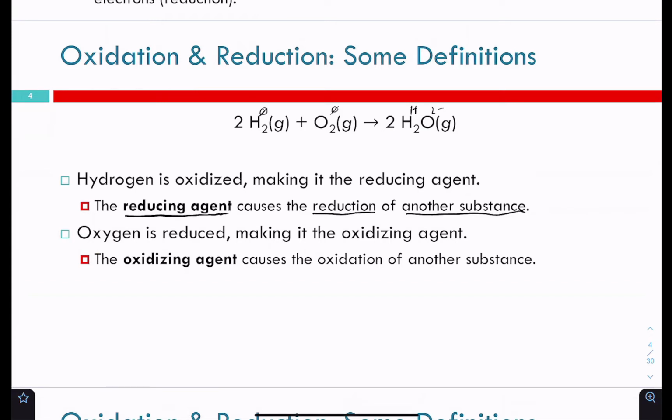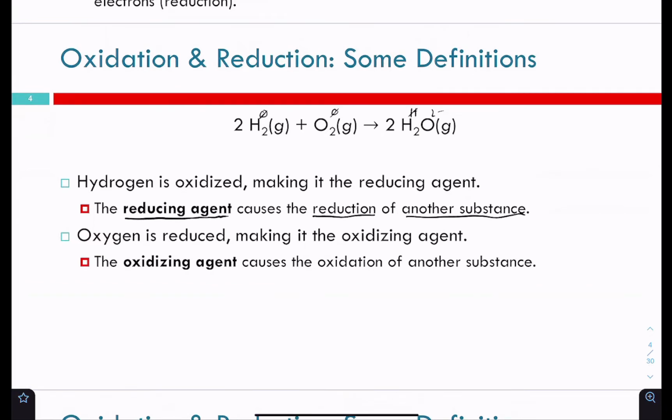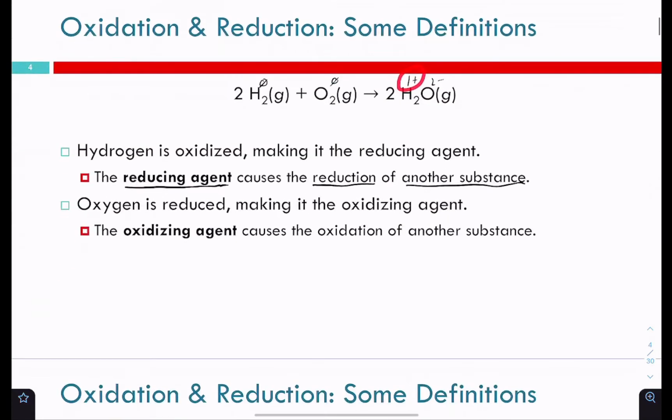So to go from a 0 charge to a positive charge, it has to lose 1 electron. So it loses 1 electron to oxygen and gives it this 1 plus charge. So hydrogen is oxidized, and that makes it the reducing agent.